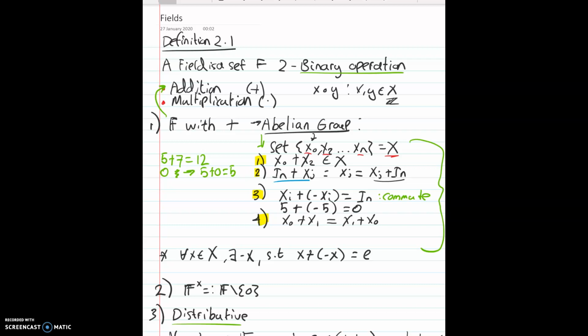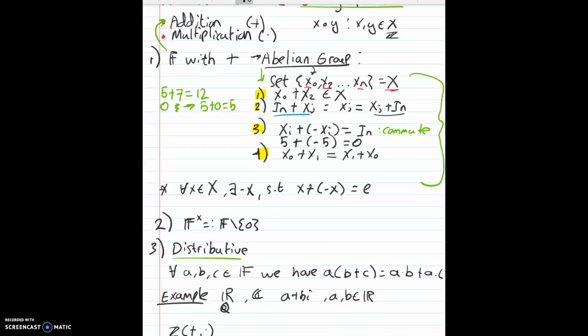And we require our field to meet a set of axioms or rules. So the first axiom is it has to be an abelian group. What that means is we take a set X, which has elements. These can be anything: paints, colours, numbers, integers, rational numbers.